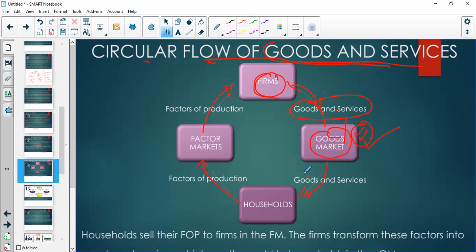So then those goods and services are bought by the households. We're looking at the basic flow. This is the basic circular flow. And remember, these households are the ones who provide factors of production to factor markets. So in the factor market, that is where they make themselves available. They make their ideas available.